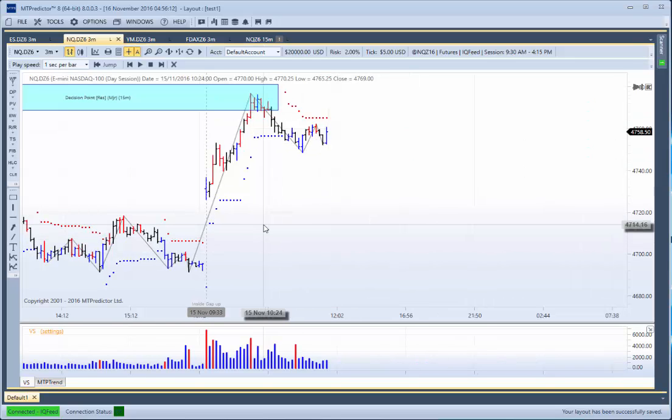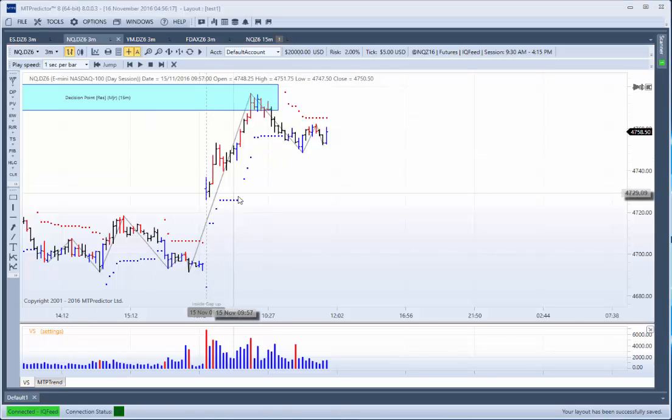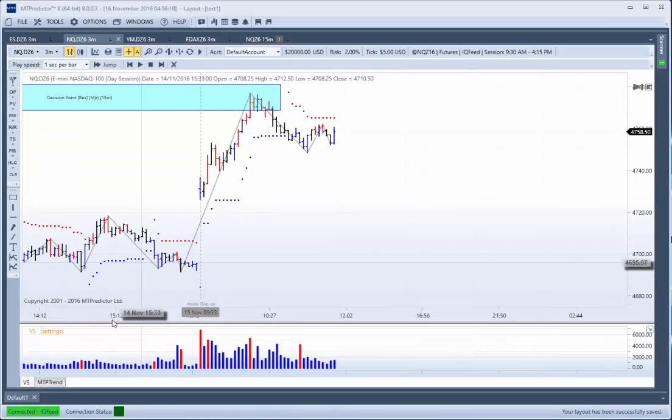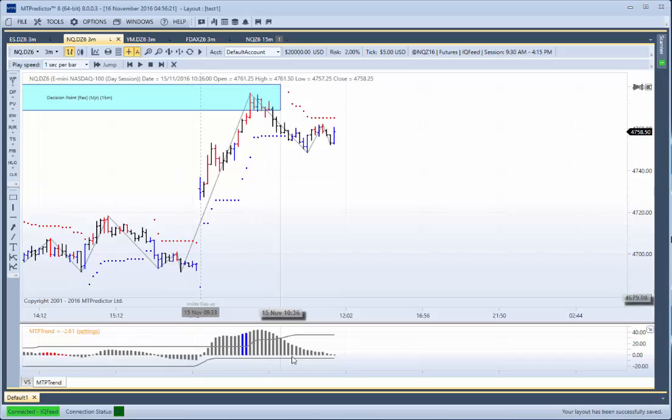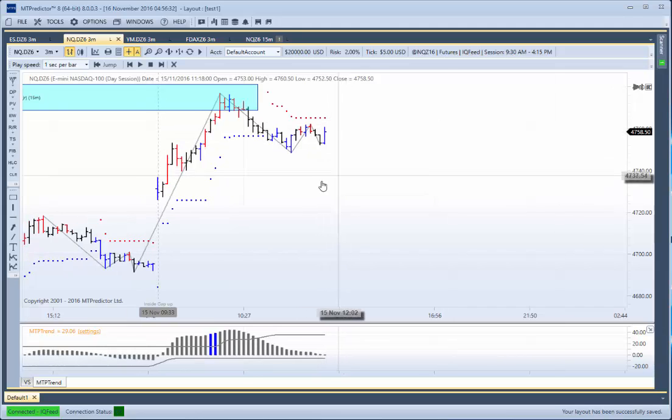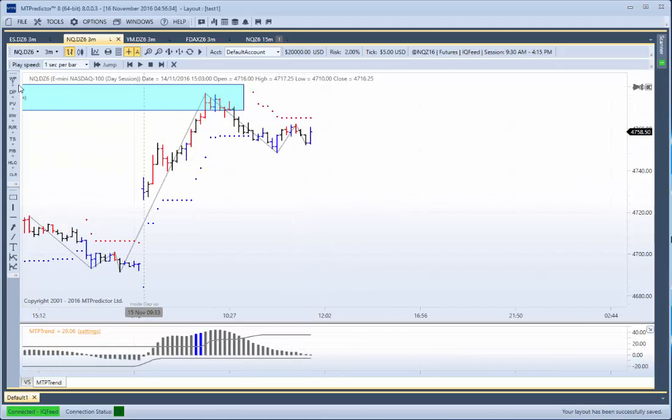There. That's what the chart looked like when I was discussing it. So what I was saying was, because this was major resistance, you can see here our MTP trend has gone grey. We had an initial decline down. Then I was looking for a potential ABC rally back up here into a potential wave 2.